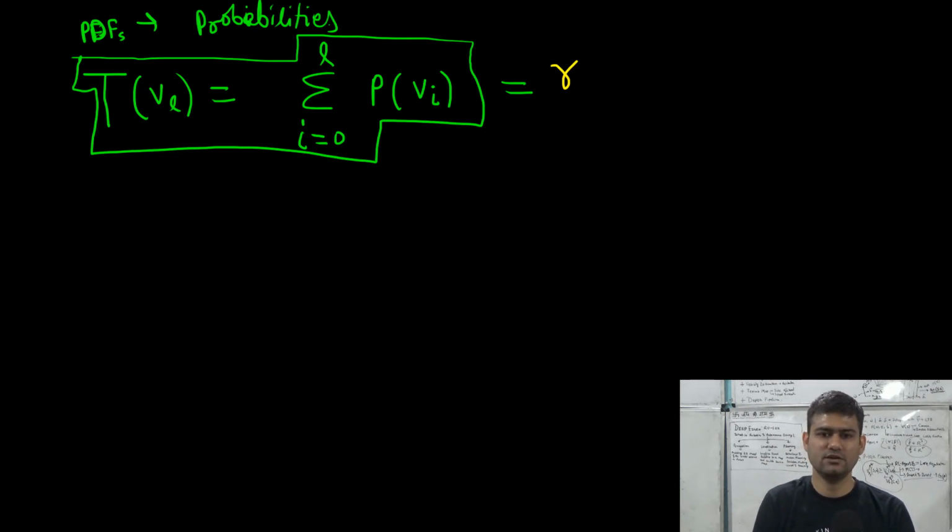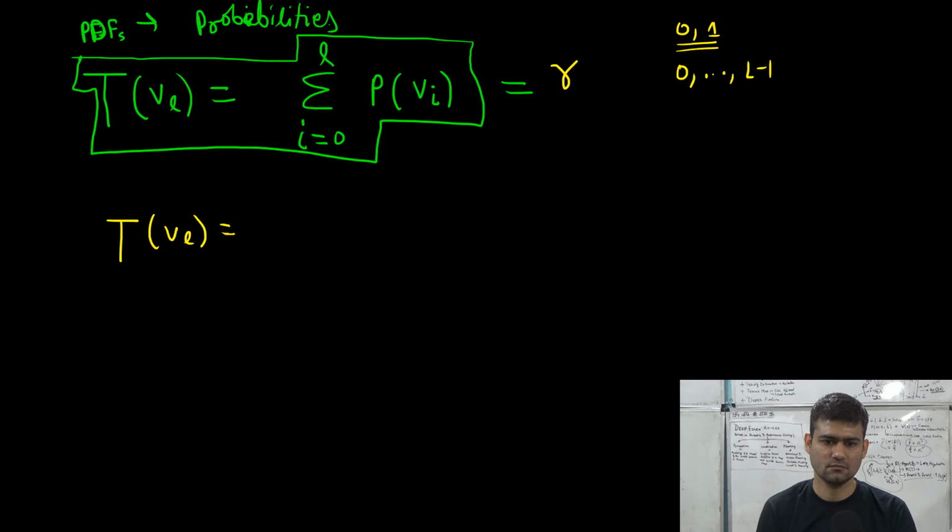Furthermore, we normalized the values between 0 and 1, so to get the values back in the range 0 to L minus 1, we can just multiply this transformation function by L minus 1 into the sum over all i equal to 0 to L of P of V of i.